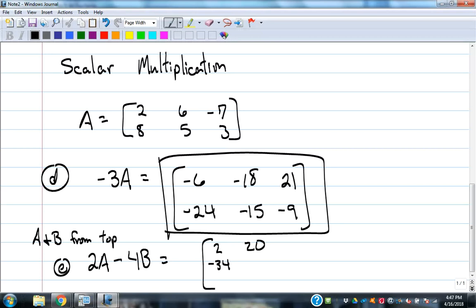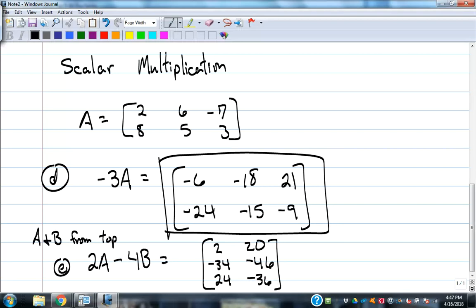Negative 14 minus 32 be negative 46. 2 times 2 is 4. Minus 4 times negative 5, which is negative 20. 4 minus negative 20 is 4 plus 20, which is 24. 2 times 10 is 20. Minus 4 times 14. 4 times 14 be 56. So 20 minus 56 is negative 36.